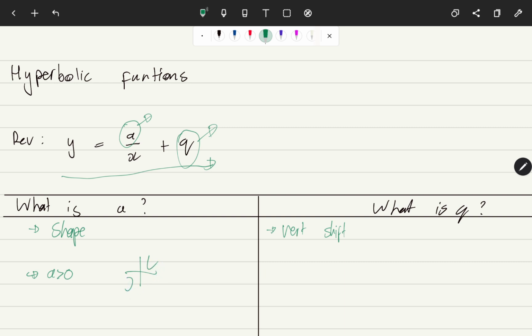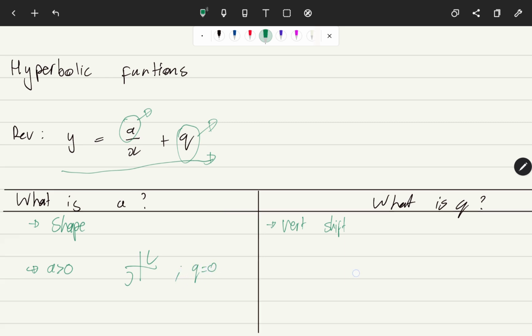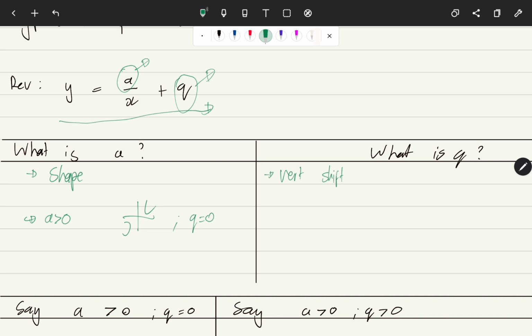Of course, this is just assuming that q is equal to 0 here. We will come to that as well. So if your a is positive, one section of your hyperbola will be in the first quadrant, the other in the third quadrant, just like this.